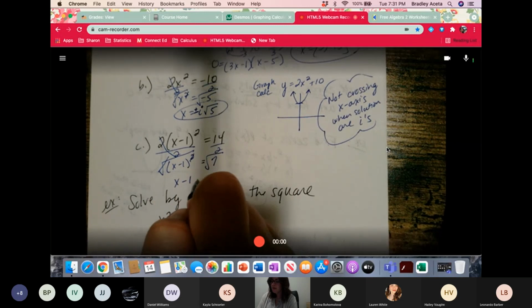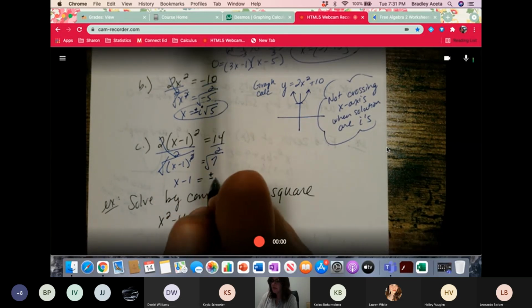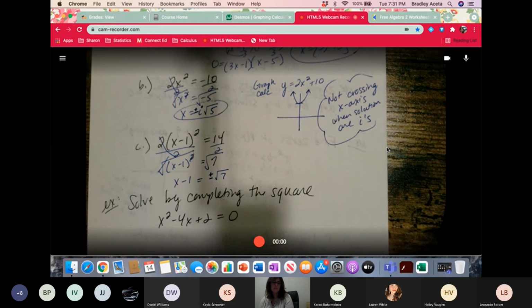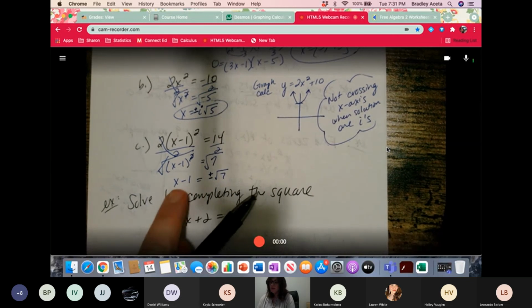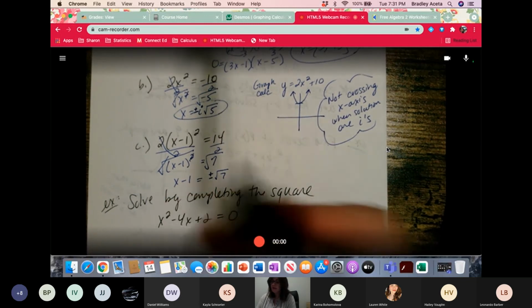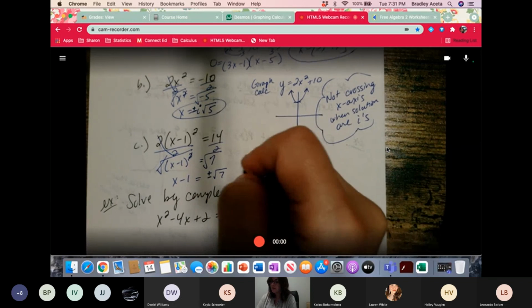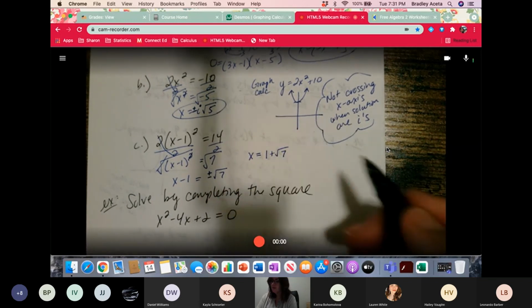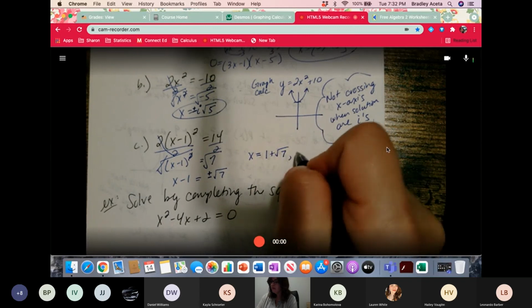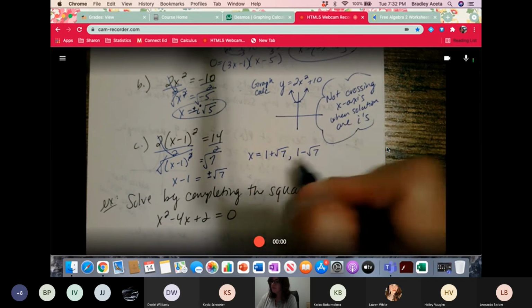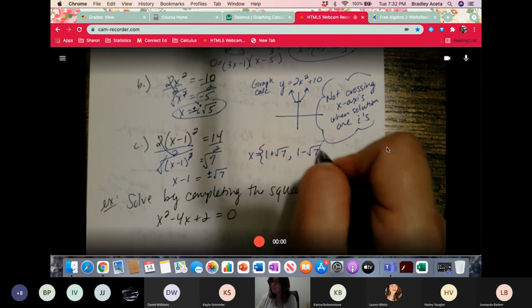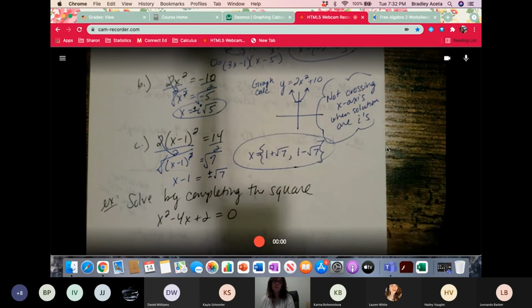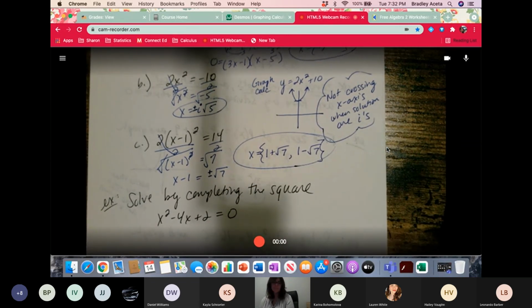You get x minus 1 equals plus or minus square root 7. And then you can easily add the 1. I always like to put it in front of the plus or minus. So my final answer would be x equals 1 plus the square root of 7, but it would also be 1 minus the square root of 7, because there are 2 answers. That's where it would cross the x-axis too.